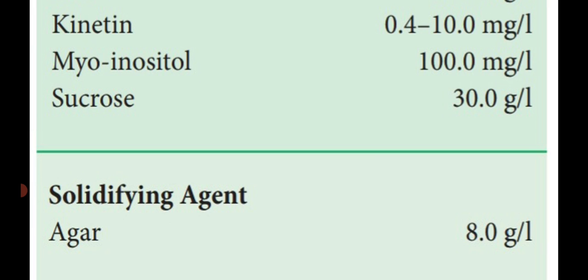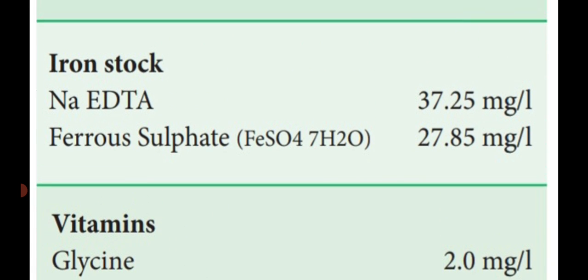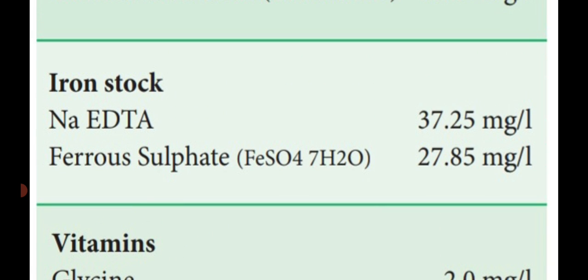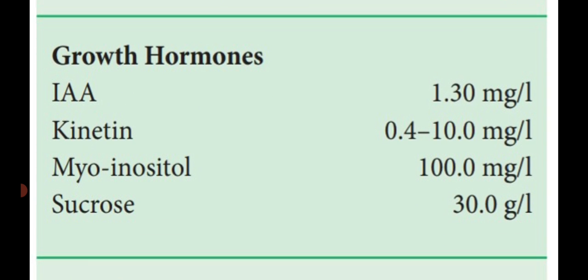Then the important gelling or solidifying agent is agar, 8.0 gram. So these are all the chemical substances present in the Murashige and Skoog medium: macronutrients, micronutrients, minor nutrients, iron, vitamins, hormones and solidifying agent.